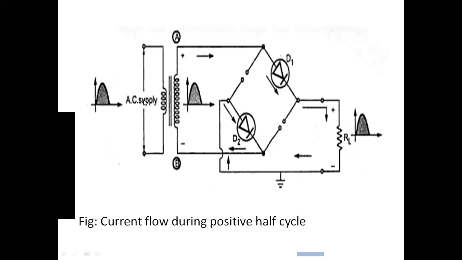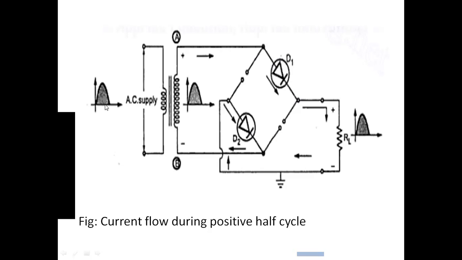We apply the AC input voltage, and we get a step-down voltage of around 12 volts or 9 volts at the secondary winding. Across A and B, we get the input voltage from the transformer, and that input voltage is applied as input to this bridge rectifier.